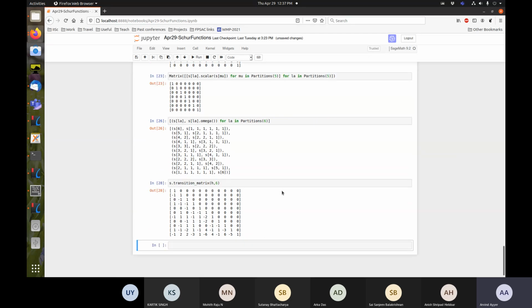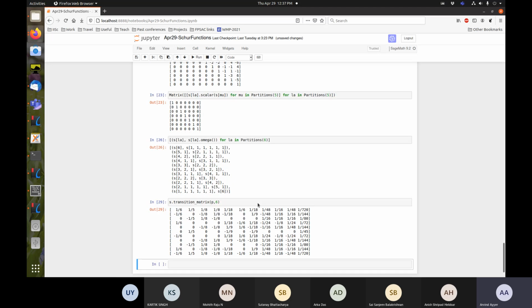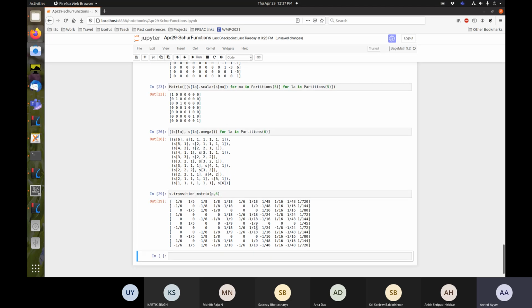All of these are inbuilt in Sage, so you don't have to work very hard. Here this is lower triangular, that can be proven. In the P basis, they look more ugly, but these are important in representation theory. You'll get fractional numbers, and these numbers have some meaning in representation theory.